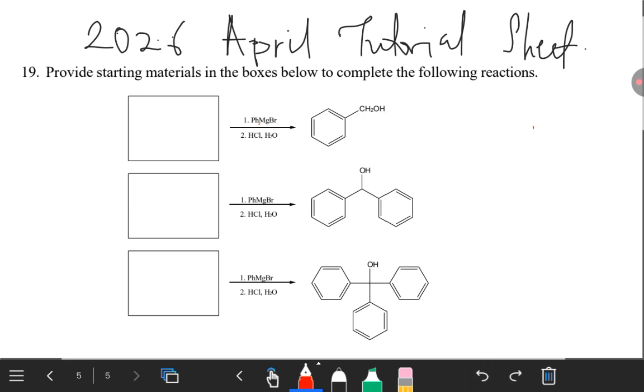So in this case, this phenyl has reacted with a certain reagent, and because the attached group just has CH2, it means that this group which was here just had one carbon, like that.